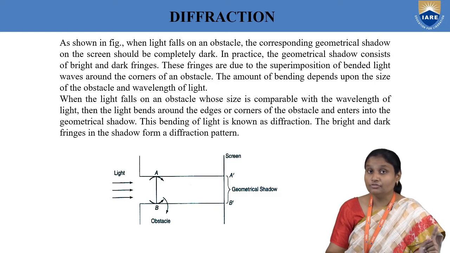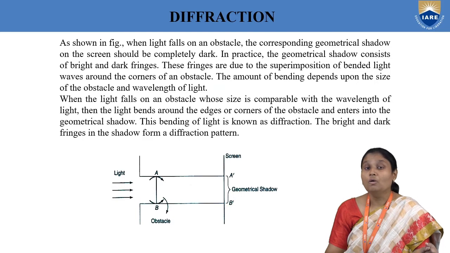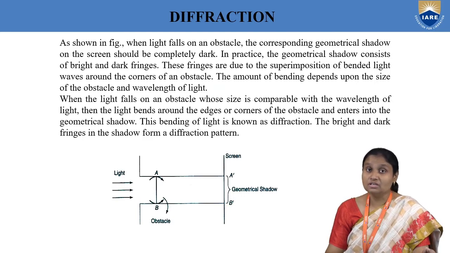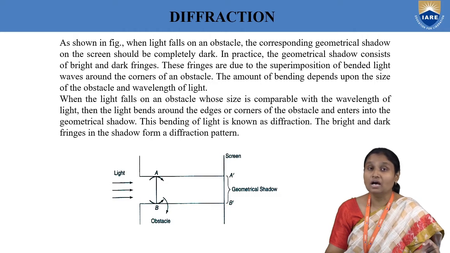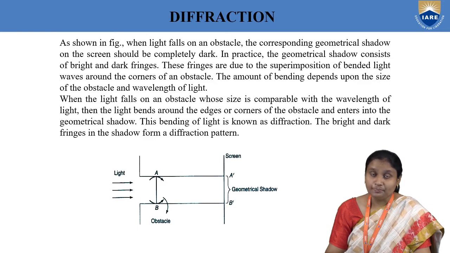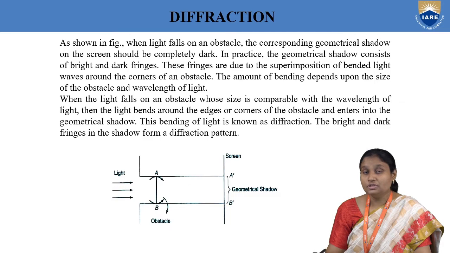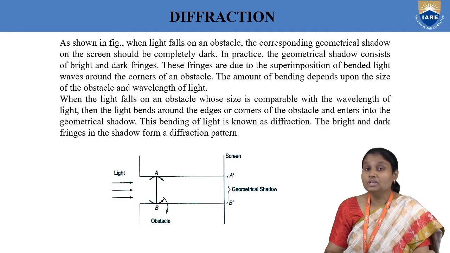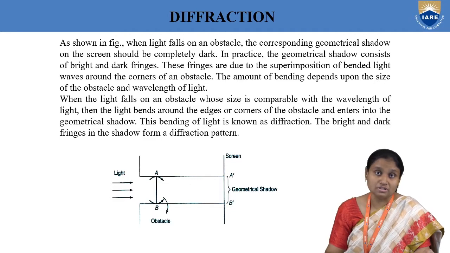But in case of interference, we are getting alternate bright and dark fringes, and all bright fringes are of the same width. And when I say dark fringe in interference, I'm talking about zero intensity. Whereas in diffraction also we have superposition. Here also we will talk about superposition of waves, and because of it we'll get alternate bright and dark fringes.